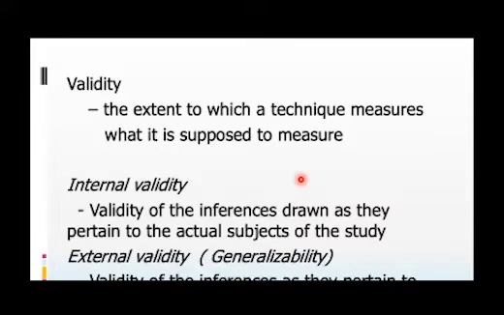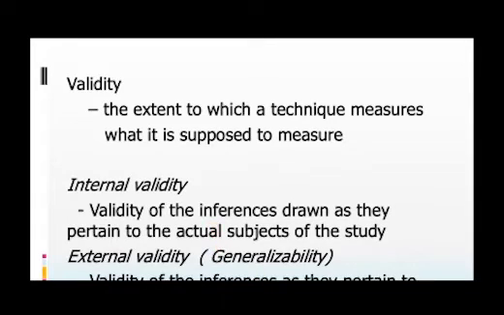Because there is such a thing as external validity, which is also the same as generalizability, meaning the validity of the inferences is not only true to the actual subjects that you collect from, but it is also true to people and objects outside the study population.